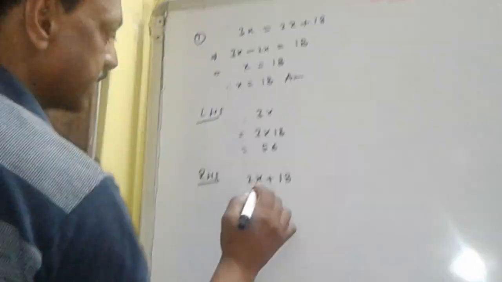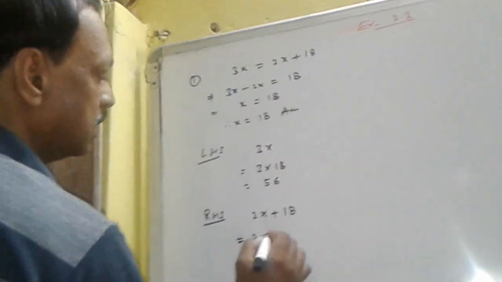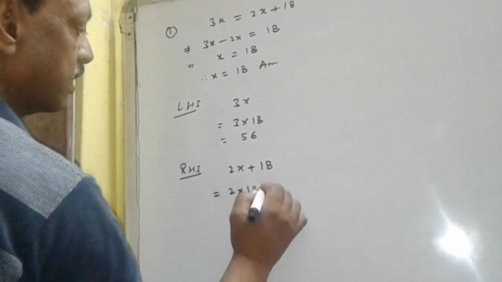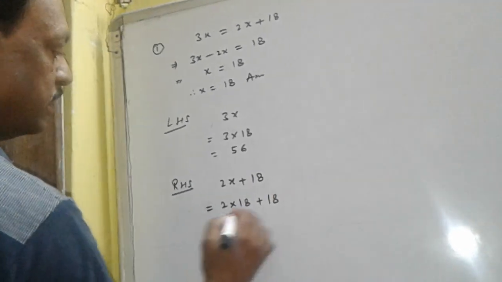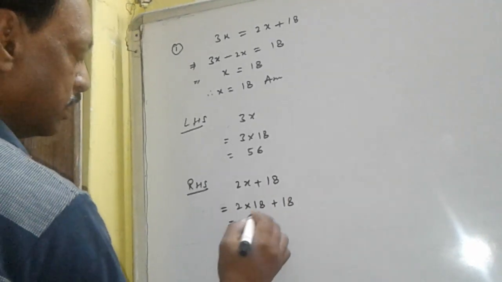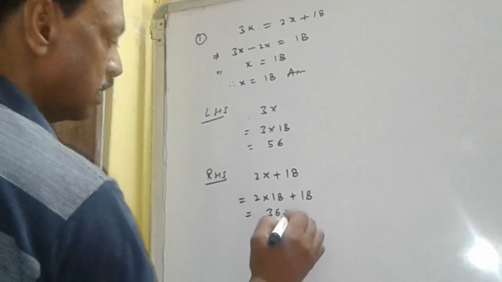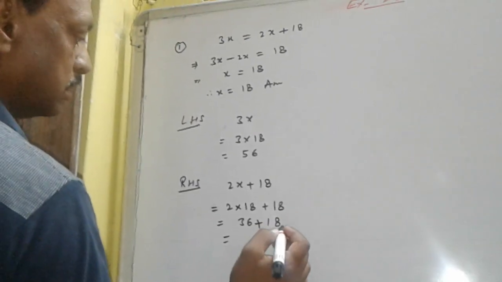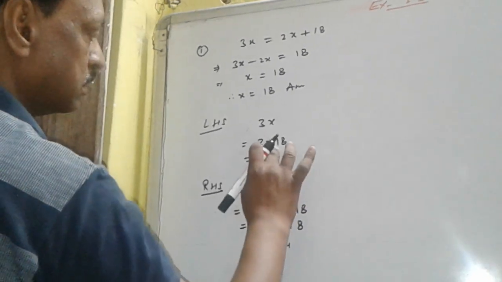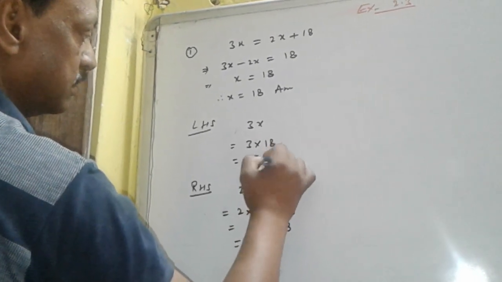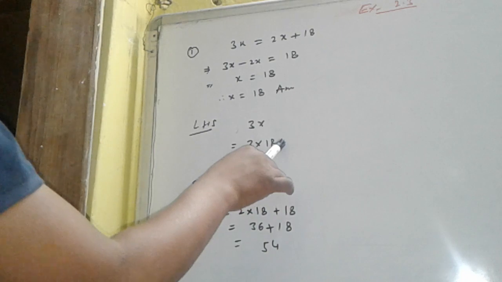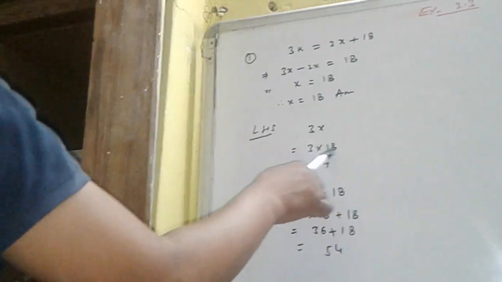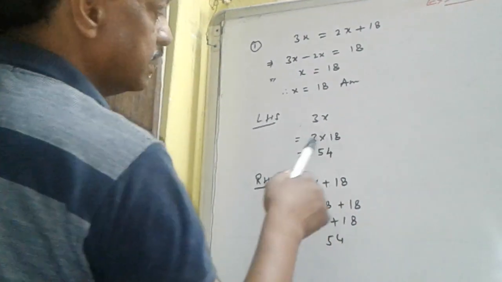2x means 2 into x. So just write the value of x here. This will be 54, 3 into 18 is 54.